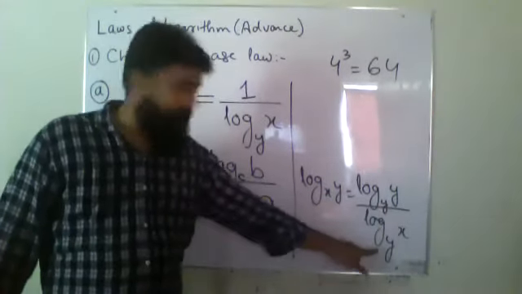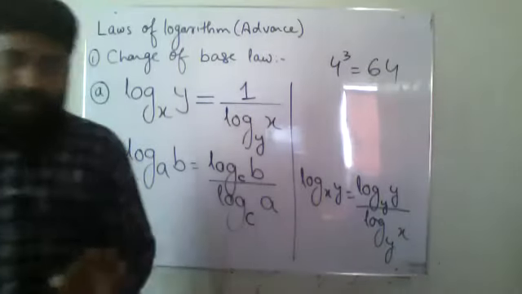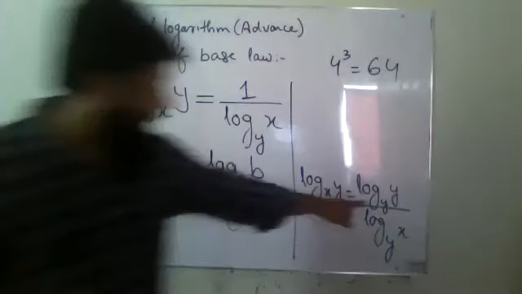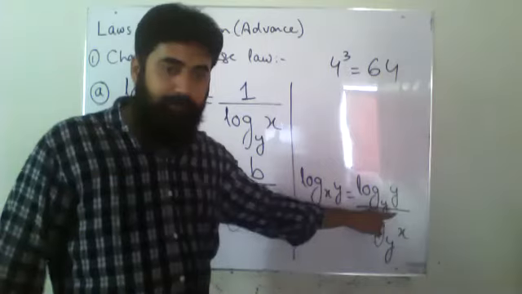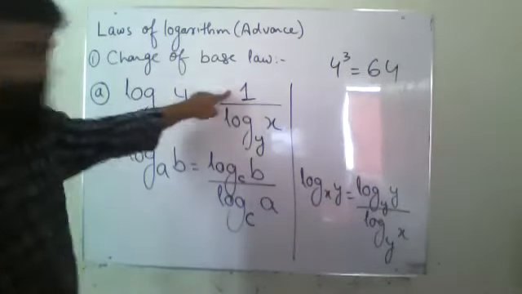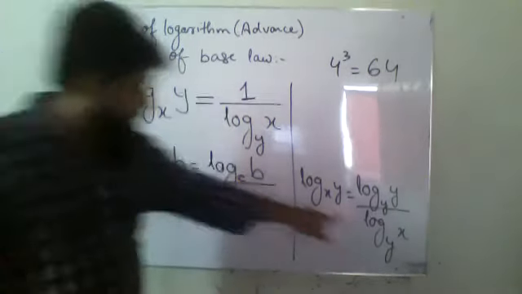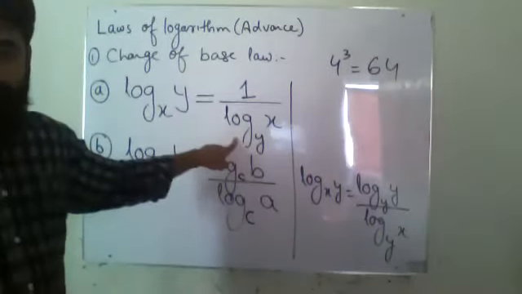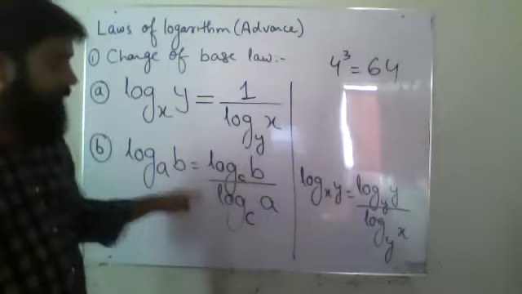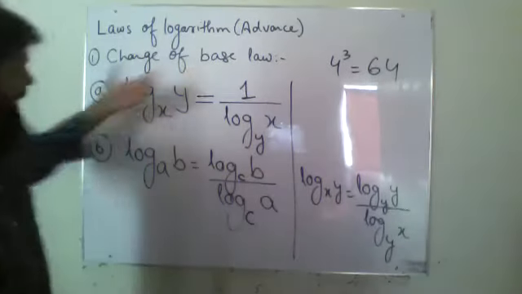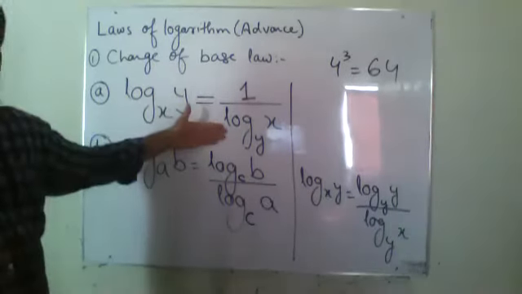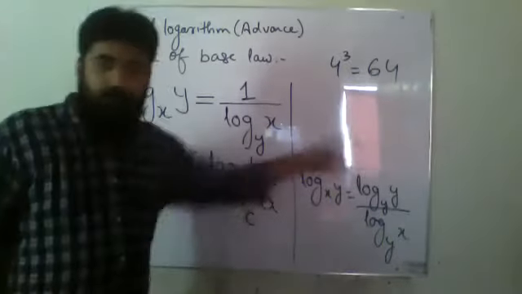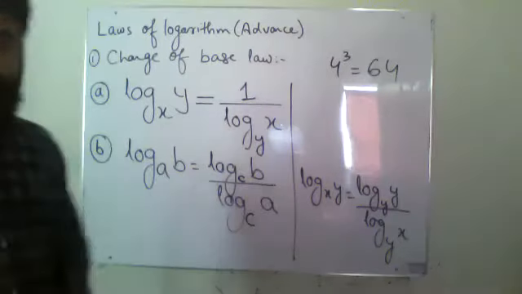And I know that if base and multiple are same, then the result will be 1. And this thing, I can't do anything over here, so this will be written as it is. So with the help of this one, I can show you that this thing is equals to this. How? This is the proof over here. Okay?